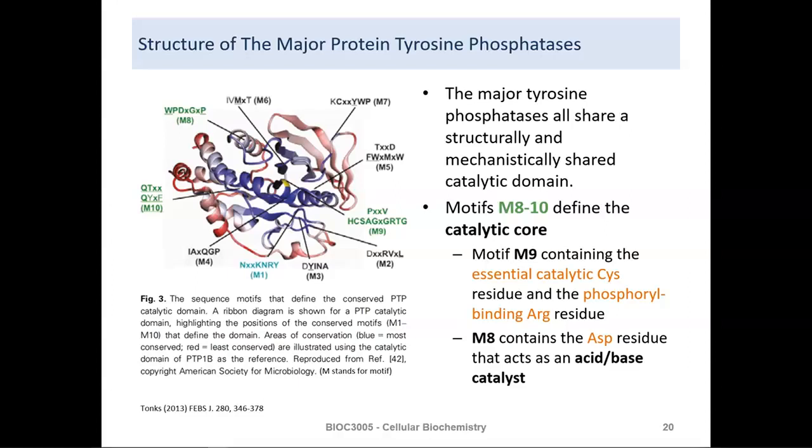The aspartate acts as a general acid catalyst to protonate the leaving tyrosine product. This then results in the formation of a phosphocysteine enzyme intermediate. This intermediate is hydrolyzed by a water molecule positioned by glycine in the M10 motif, with the aspartate then acting as a general base.